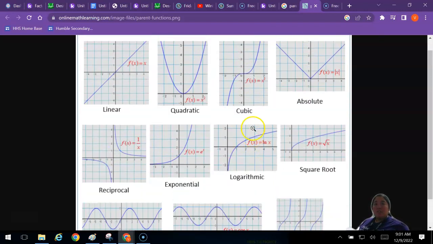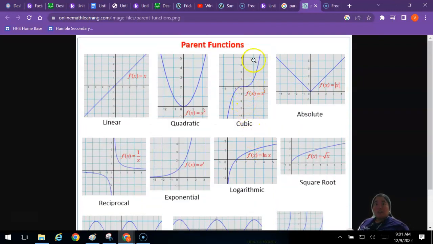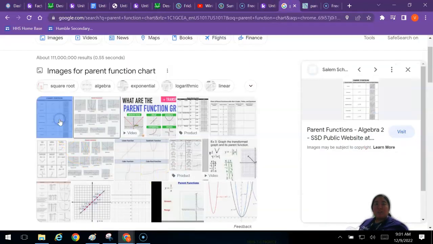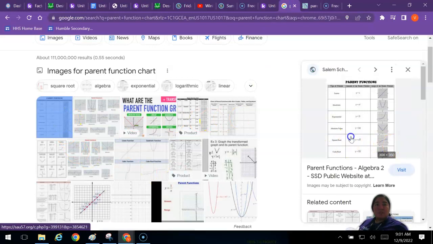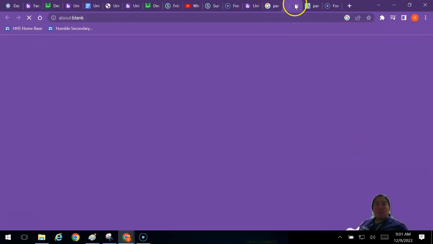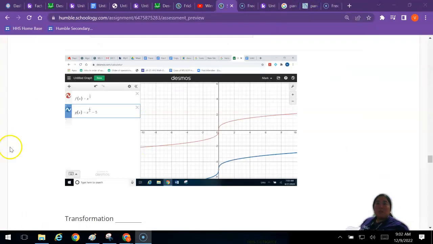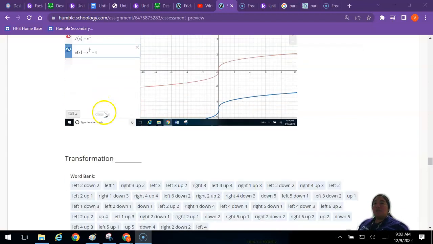It's actually not here. So this one is cubic, right? Let me find another chart. Look at this one. So this one is actually cube root. If it lies flat like that, it's a cube root. If it's cubic, it's going up.